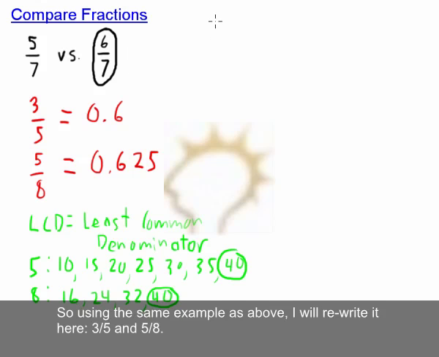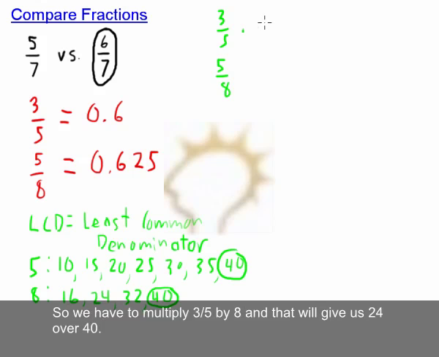So using the same example as above, I will rewrite it here, 3/5 and 5/8. So we have to multiply 3/5 by 8 over 8, and that will give us 24 over 40.